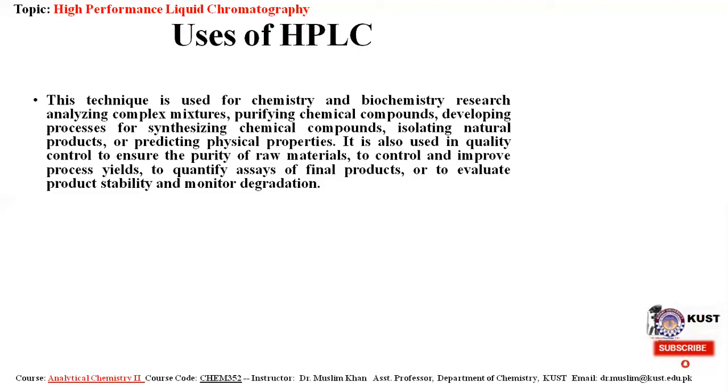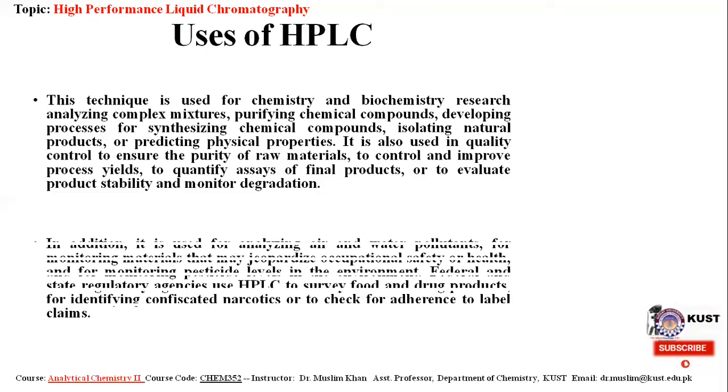It is also used in quality control to ensure the purity of raw material, to control and improve the process yield, like in organic chemistry, to quantify the assay of final products, or to evaluate the product stability, or even to monitor the different components during degradation processes.